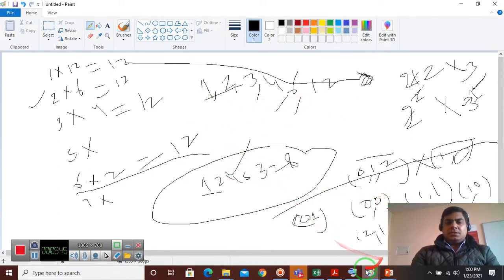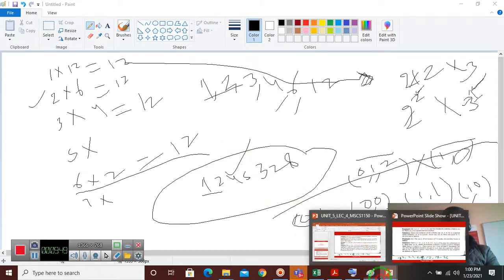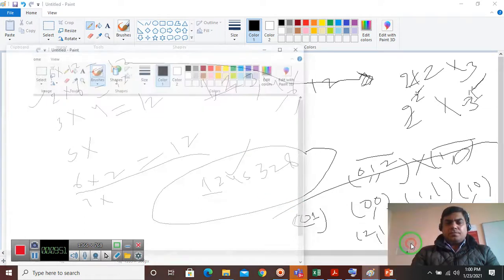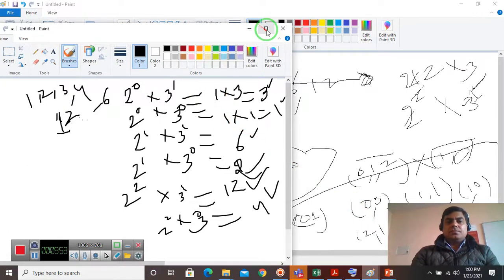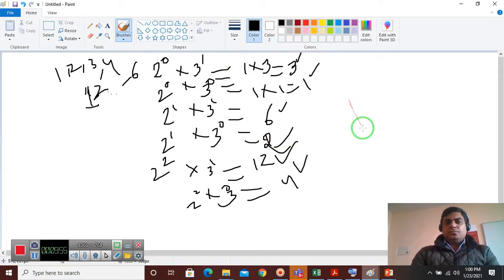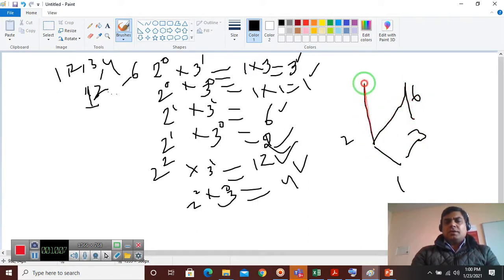So 1 divides 2 and 3, 2 and 3 divide 6, 2 divides 4, and 4 and 6 both divide 12.